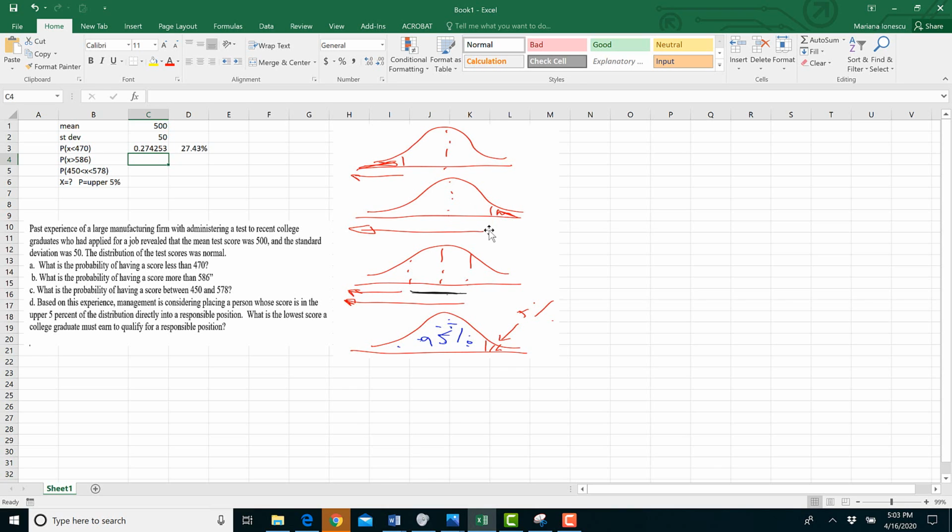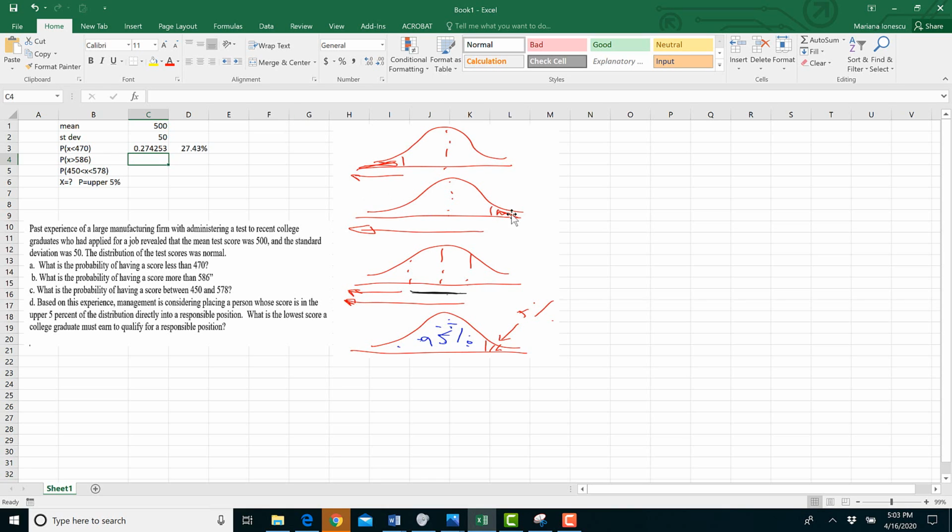Once more, when we are reading the probability in Excel, we are reading the cumulative probability for less than that value. We are looking to be more than this value, so we are subtracting from total probability, which is 1, the value that we are reading in the table. Why?